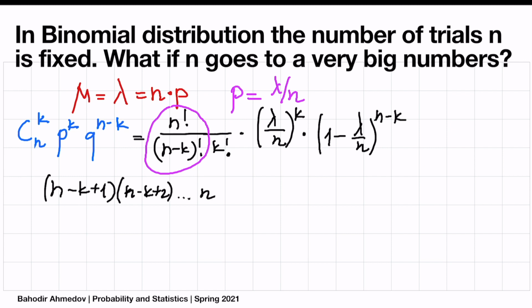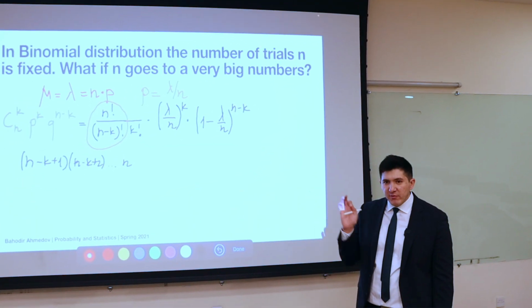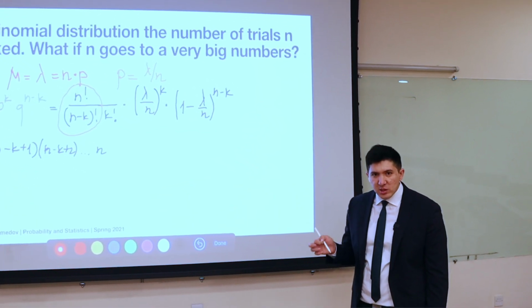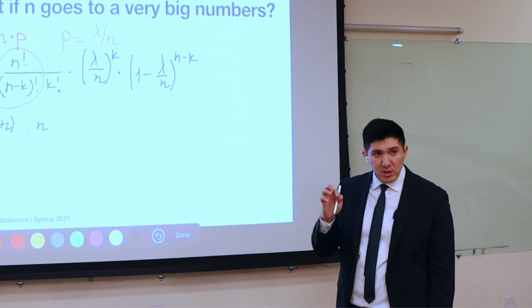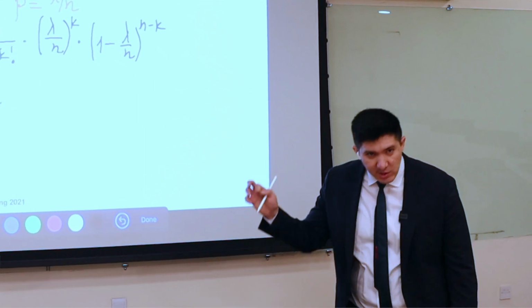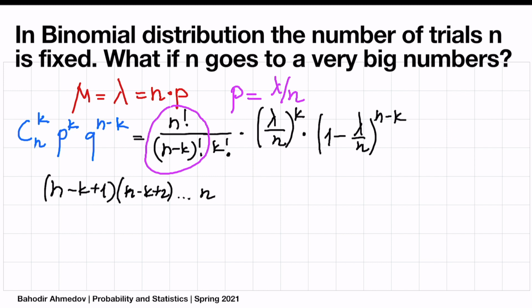And this is true, you can check this if you want. For example, dividing 5 factorial by (5 minus 2) factorial, you should start from 4, right? So, 5 minus 2 plus 1. And you should continue until the end. So this is divided by n to the power of k.